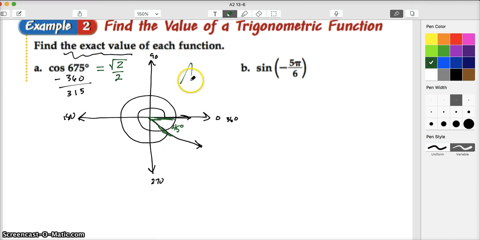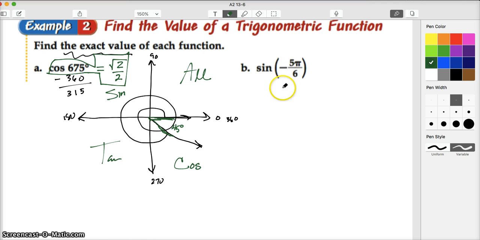We remember "All Students Take Calculus": the sine function, the tangent function, and the cosine function represent what's positive in each quadrant. Since the cosine function is the only thing positive in this quadrant, this answer is good as it is. The answer is the square root of 2 over 2, and it's positive.